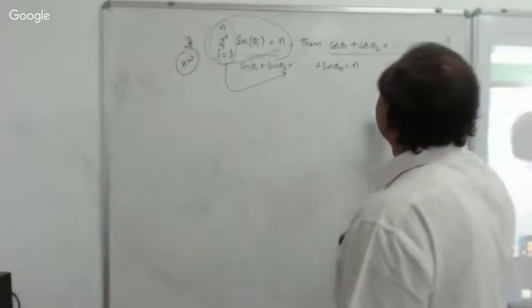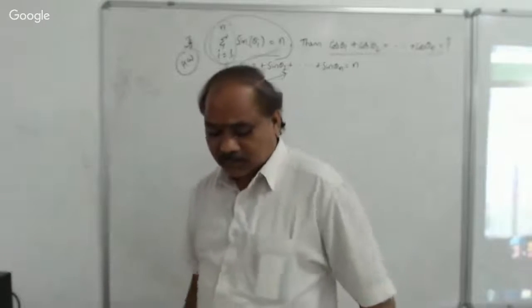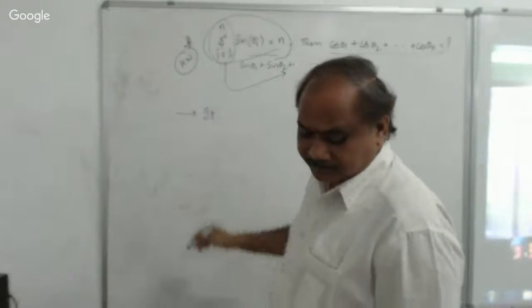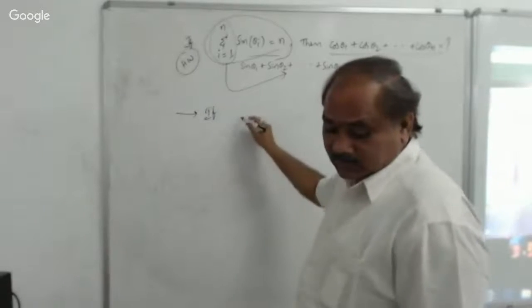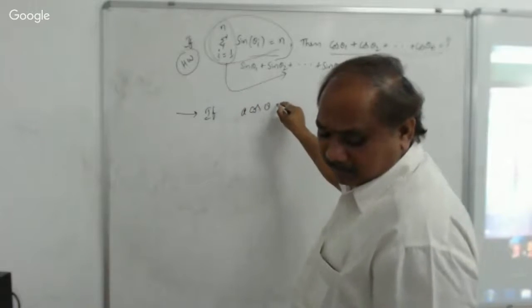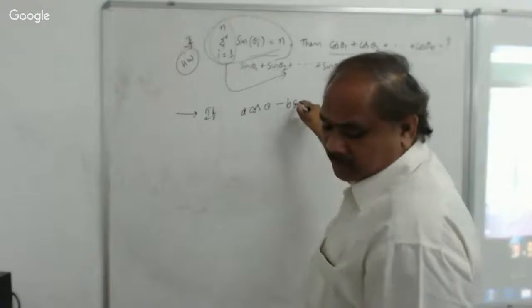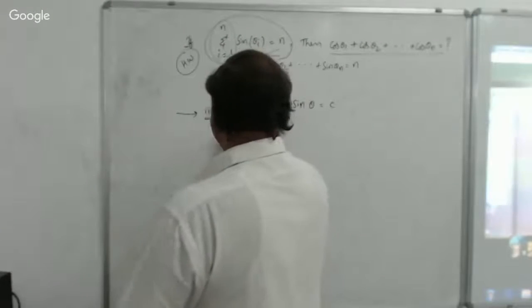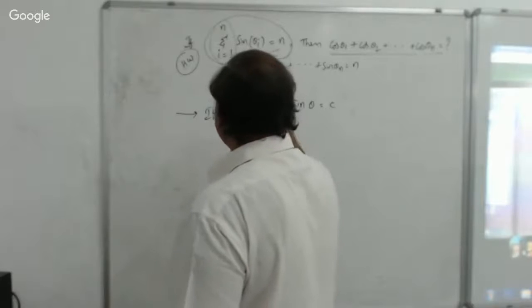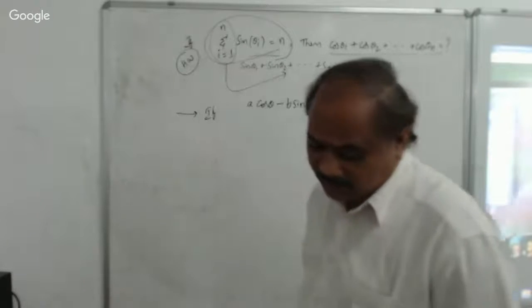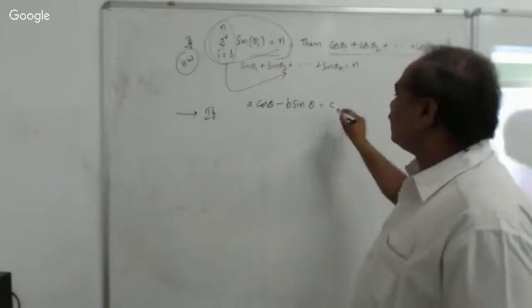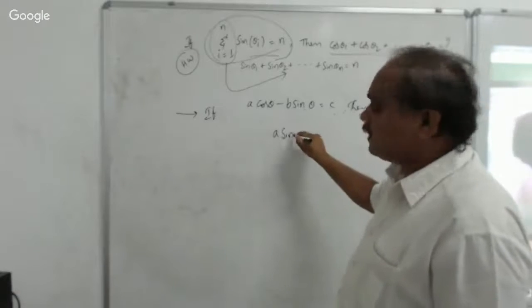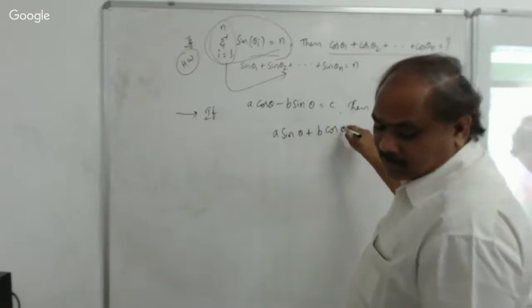The concept is one of the important concepts. If a cos theta minus b sin theta equal to c, then a sin theta plus b cos theta equal to what?